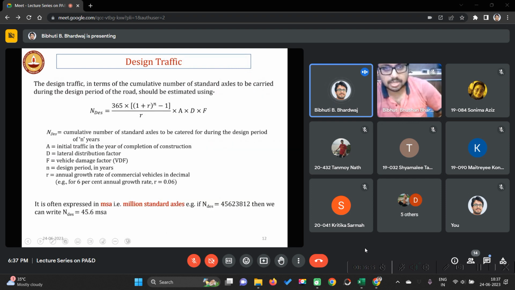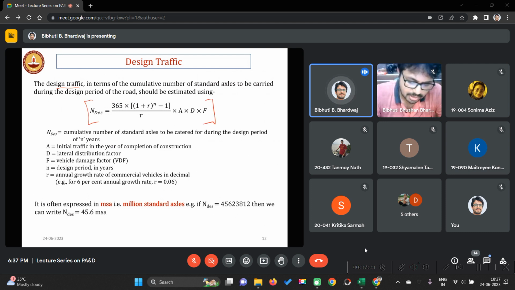But before going into the numerical, you need to know many things. Although you are supposed to know all those things, I will be refreshing these things again so that you don't feel any discomfort while going to the next section. So you know that the design traffic is calculated using this formula.